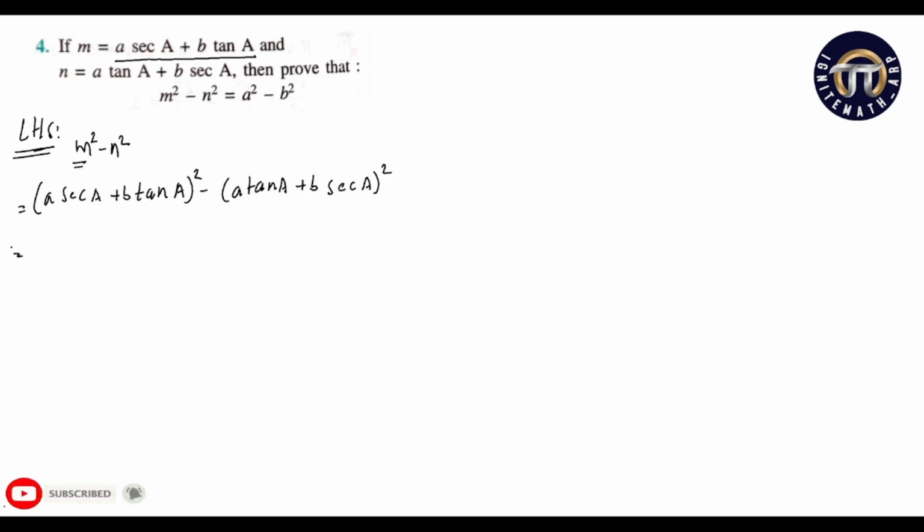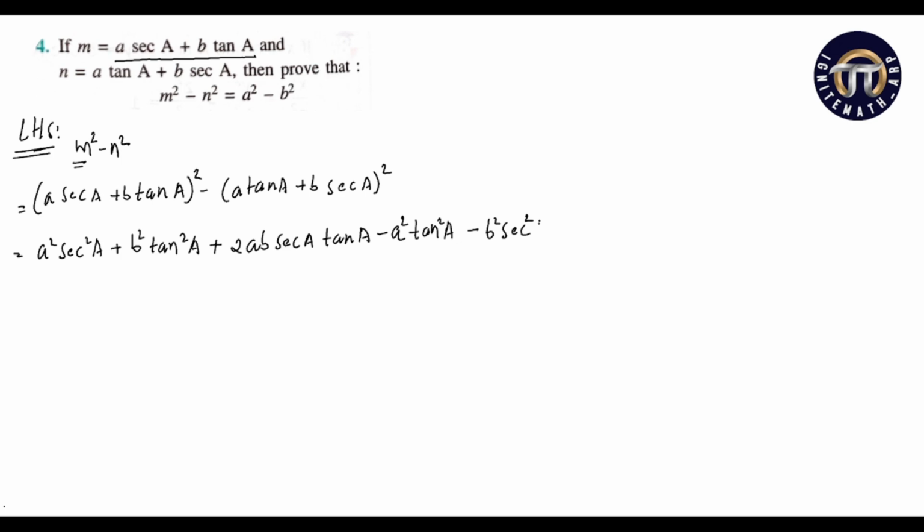So now a plus b the whole square formula. So a square secant square a plus b square tan square a plus 2ab secant a tan a minus, directly I will write, I'll just remove the bracket directly. So I'll get it as a square tan square a minus b square secant square a minus 2ab tan a sec a.